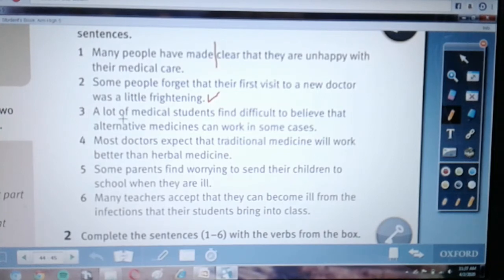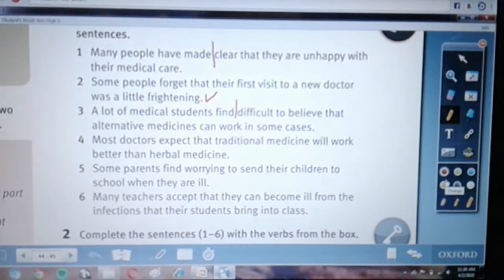A lot of medical students find it difficult to believe that alternative medicines can work in some cases. Which one sounds better? The first one or the second one? Yep, the second one. So, please put it after the main verb find and before the adjective difficult.